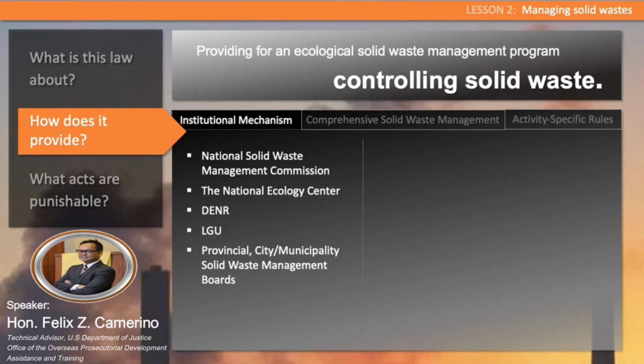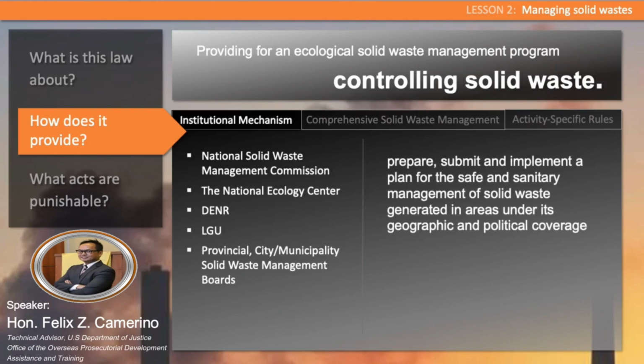Insofar as what that function is, it's really this. They have other roles, functions and responsibilities pertinent to controlling solid waste, but the very basic function and responsibility that I want to focus on is the implementation plan, the plan for the safe and sanitary management of solid waste generated in their geographic and political jurisdiction.